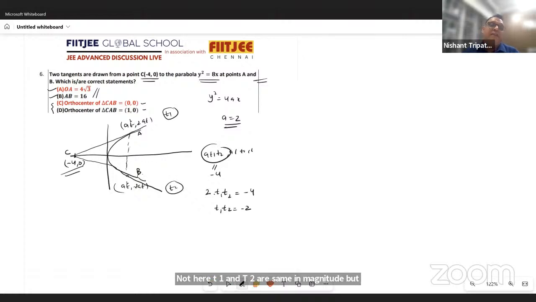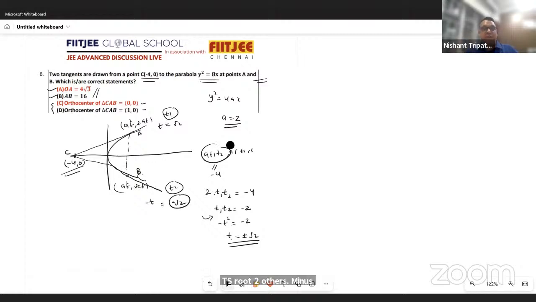So if one value I'm taking as t, the other value is actually -t. Putting this here gives -t square is equal to -4, which gives you t as plus or minus 2. So the two points here can be found by putting t as 2 in one place and -2 in the other.